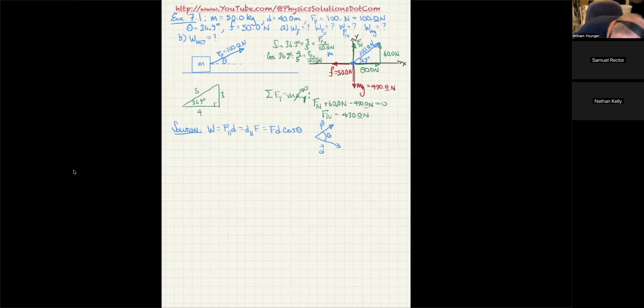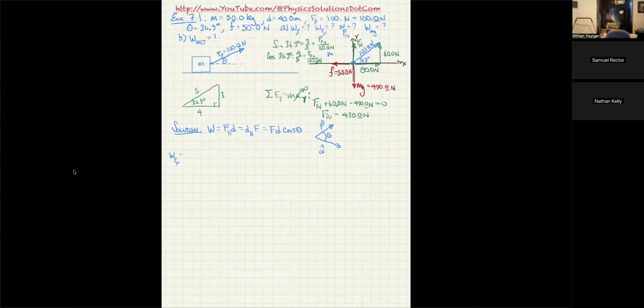Now we're going to go ahead and calculate the work. Let's start off with the work done by the pulling force, FP. So work, FP, is equal to FD cosine theta. That's what I'm going to use. So I'm going to say FP in this case is, well, actually, no. We know that D, let me draw D on here.